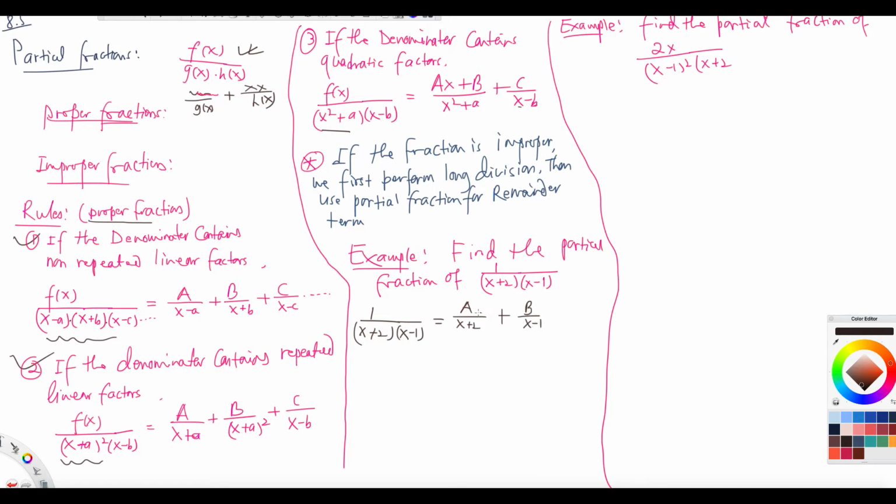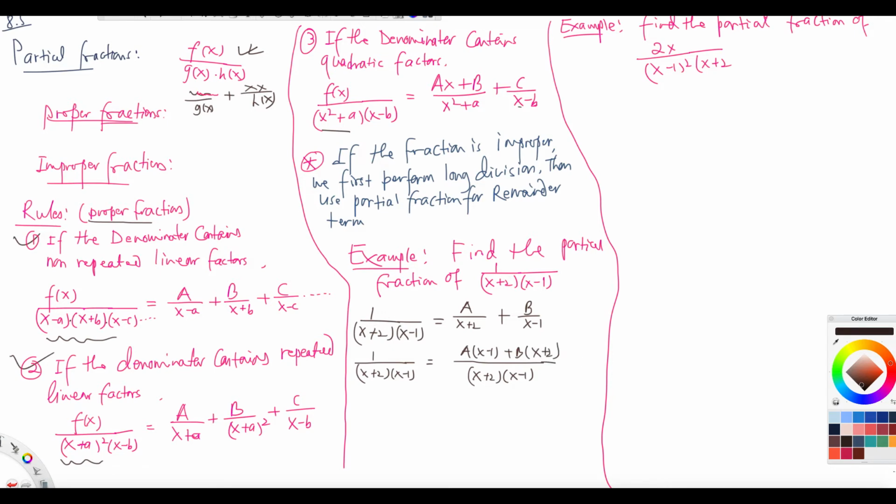Next, the left side is the same, just copy it: (x plus 2)(x minus 1), and on the right side you write the same denominator, (x plus 2)(x minus 1), and you do the conjugate. You get A times (x minus 1) plus B times (x plus 2).